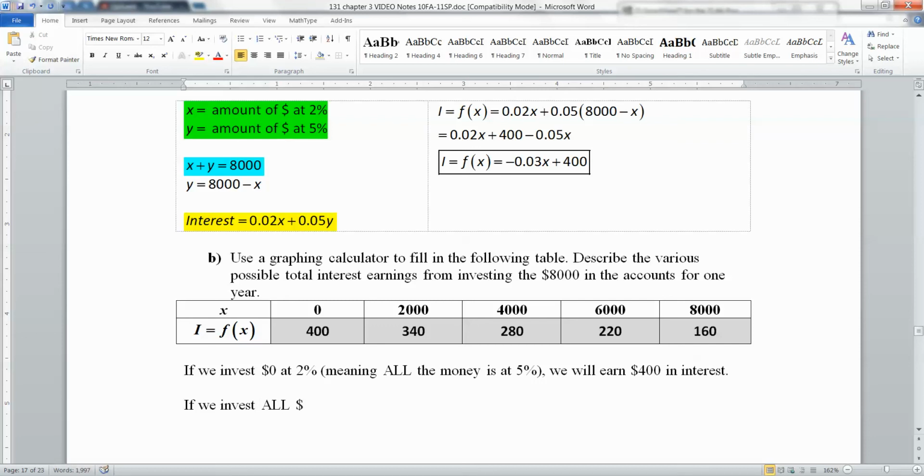Because there was $8,000 total. So we invest all $8,000 at 2%, meaning no money at 5%, we will earn $160 in interest.